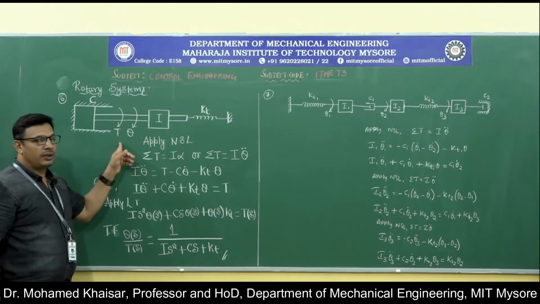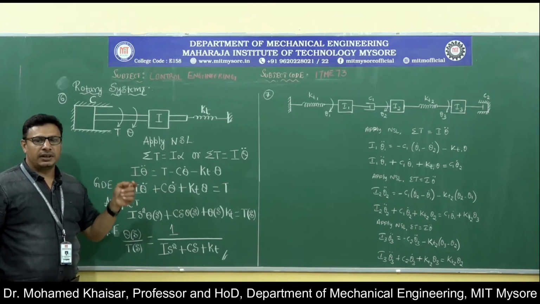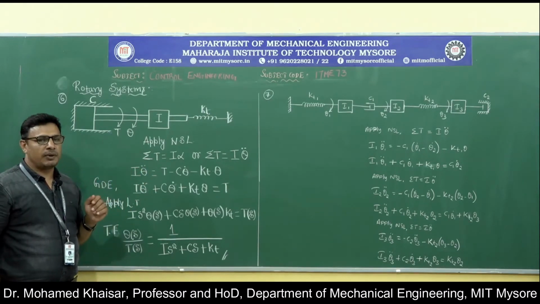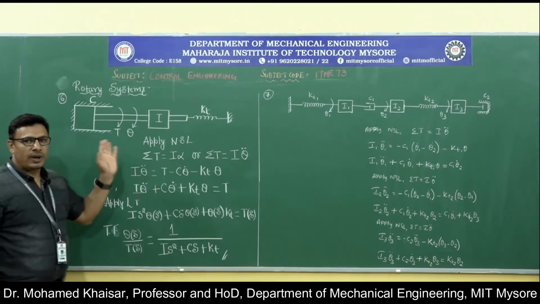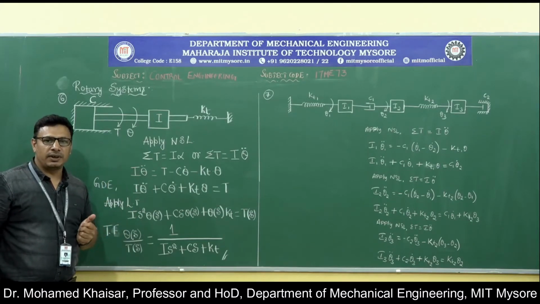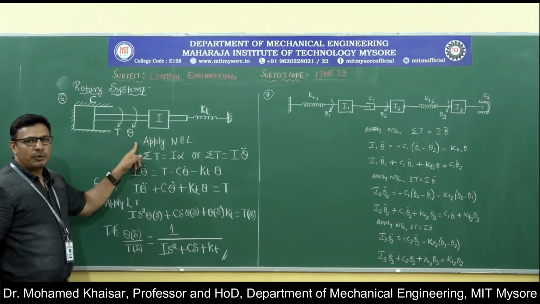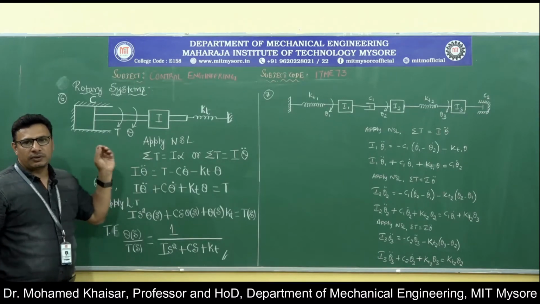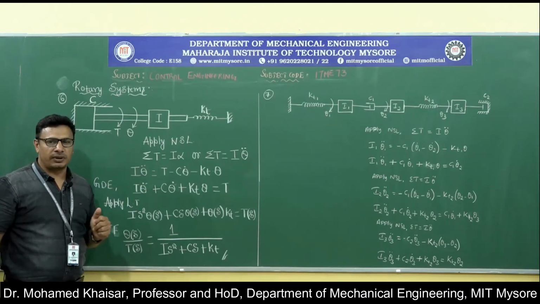The torque results in the rotary motion of the body, which is measured by the angle theta. So the transfer function we are trying to find is output by input. Output is theta, input is torque. So theta by T will be the transfer function for this rotary system.